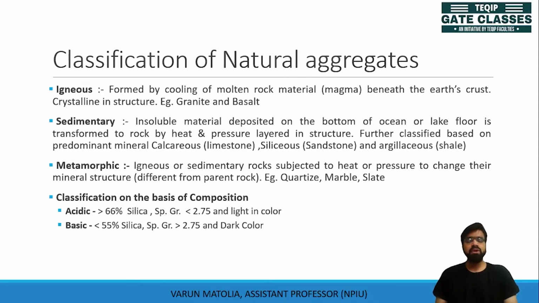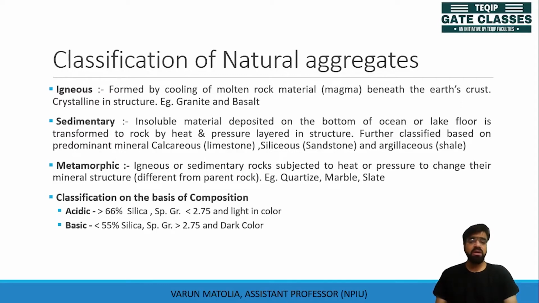This molten magma cools down at different levels of the Earth's surface, and after cooling they turn into solid hard rocks. Igneous rocks can be further classified into volcanic, plutonic, and hypabyssal rock.